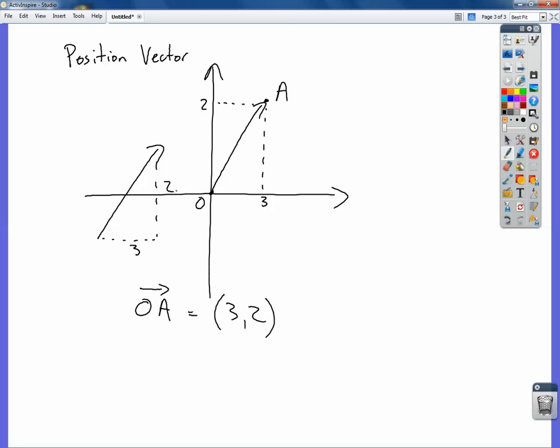I'm obviously a little bit out of scale, but it just goes from A to B. It's a displacement vector. It can go from any point to any other point. It doesn't have to start and finish at the origin. A position vector must start at the origin.